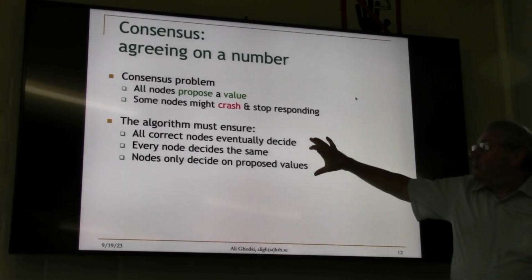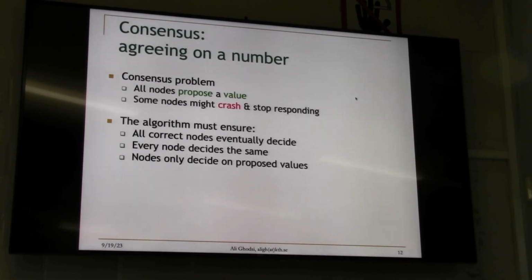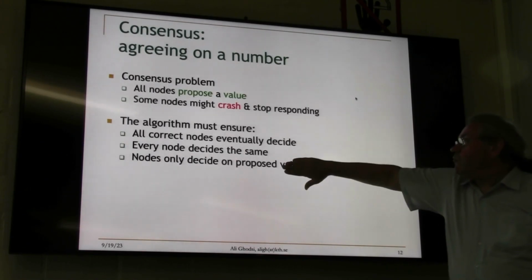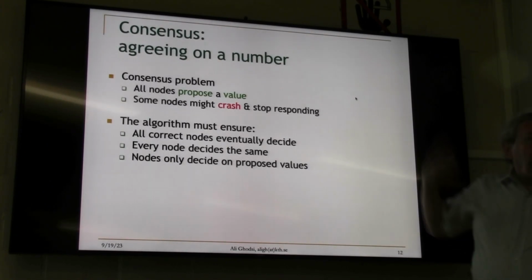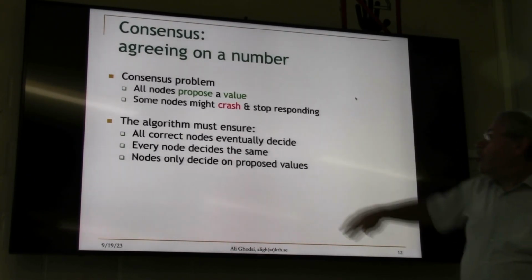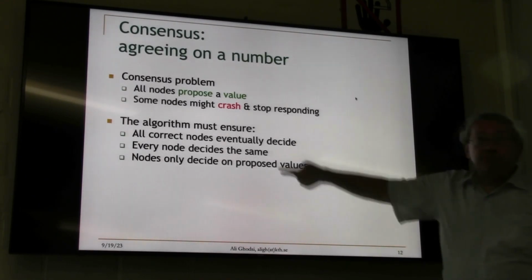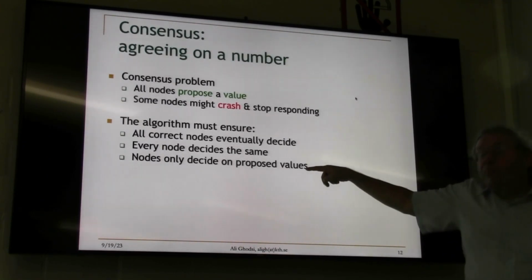It turns out the difficulty is making all 3 of them. You can always just satisfy 2 of the properties. Okay? For example, all nodes eventually decide, and they decide the same. But you forgot the 3rd one. Well, that's easy. They all decide 0. Or all nodes decide, and they only decide on proposed values. But forget the 2nd property. Well, each node will decide on its own proposal.